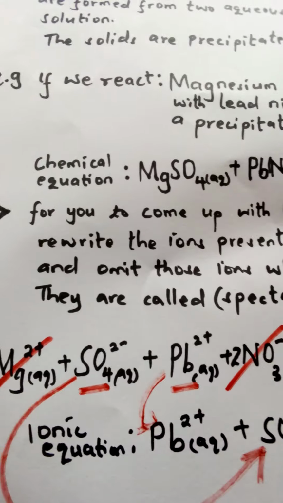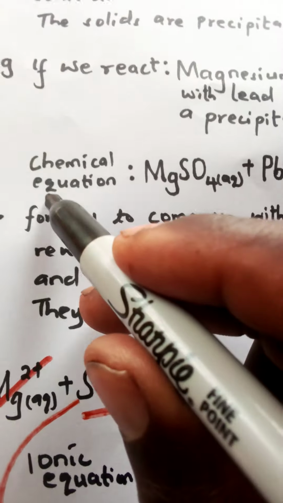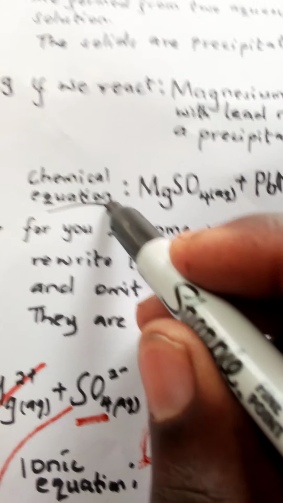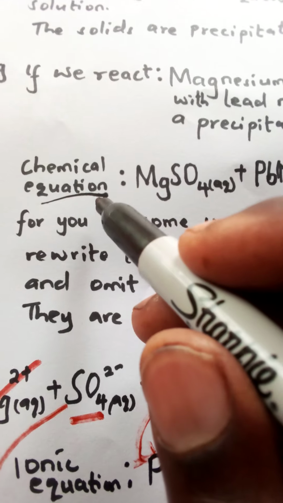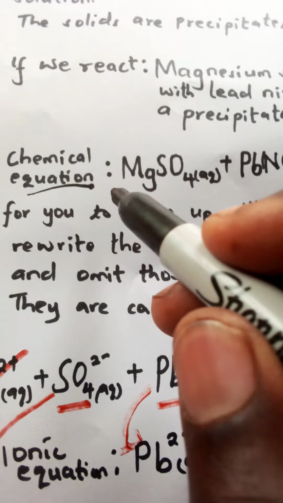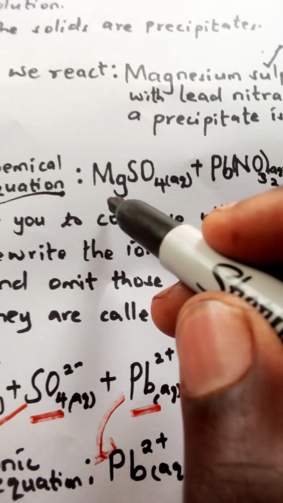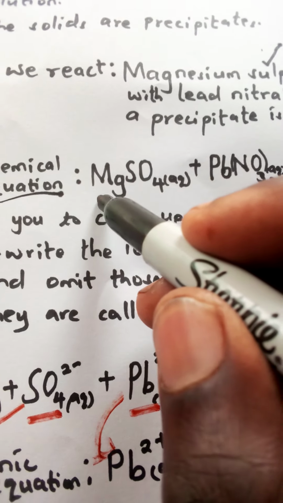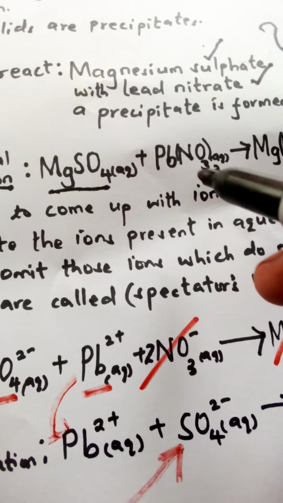Take a chemical equation. A chemical equation is an equation in which only symbols are used to represent the reacting chemicals. So the chemical formula for magnesium sulfate is MgSO4, that is aqueous.